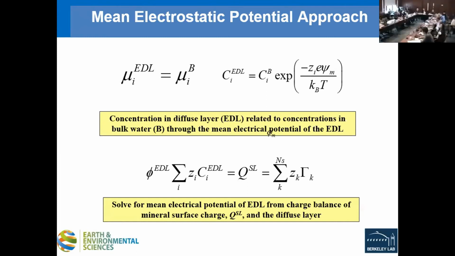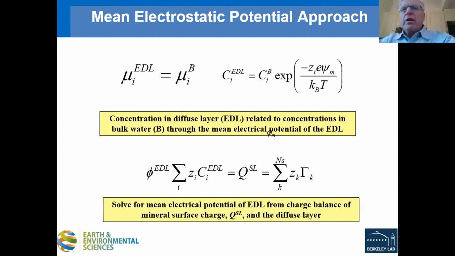Here, instead of an exponential, a Poisson-Boltzmann type expression, we use the mean electrostatic potential, and we basically develop what we call a double continuum model, one for bulk water, one for the electrical double layer, with the electrical double layer defined in terms of that mean or average electrostatic potential.